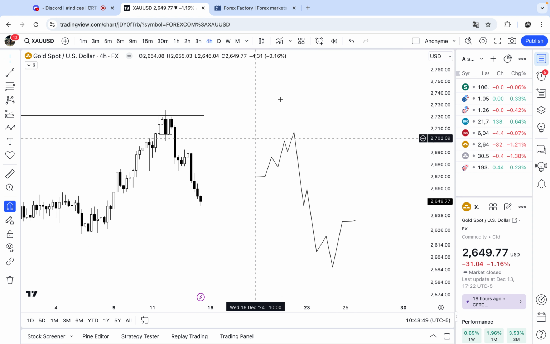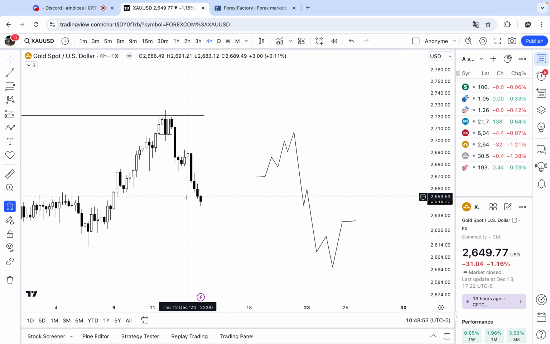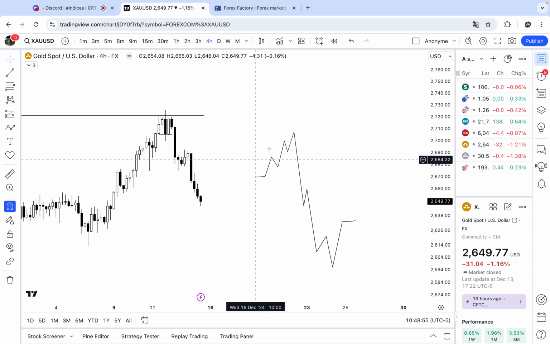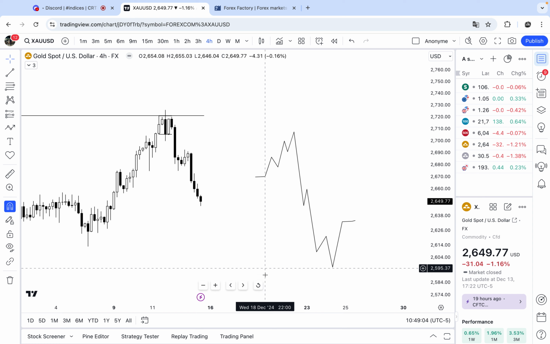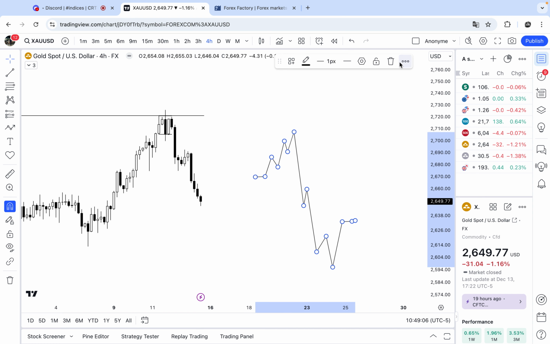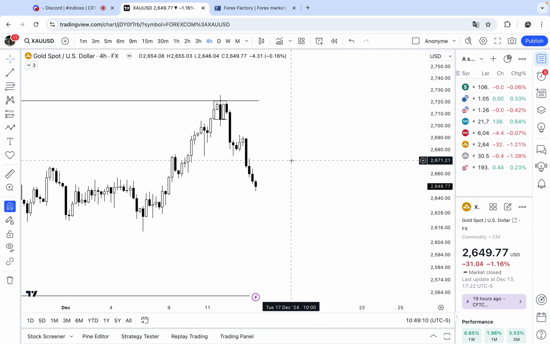This is a weekly candle, okay? We are bearish. So what I'm expecting price to do is push higher and then dump right after. So this is a narrative for me.